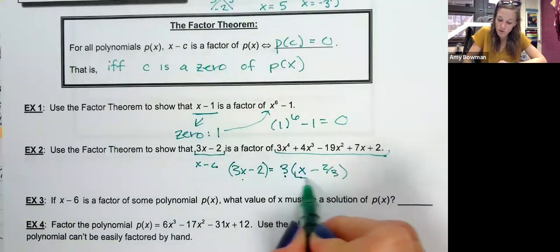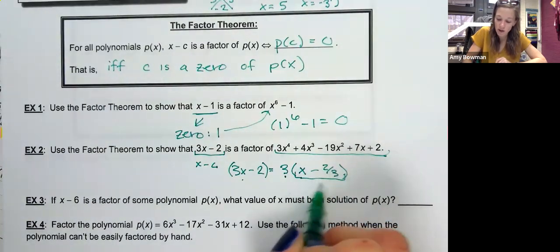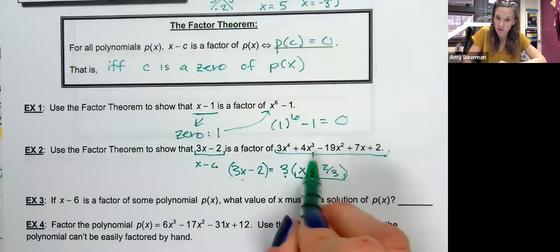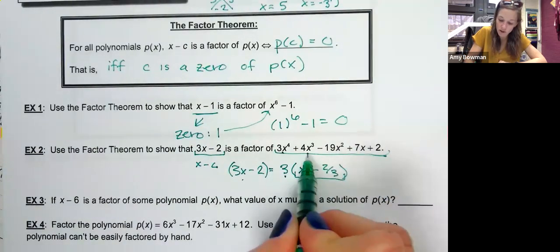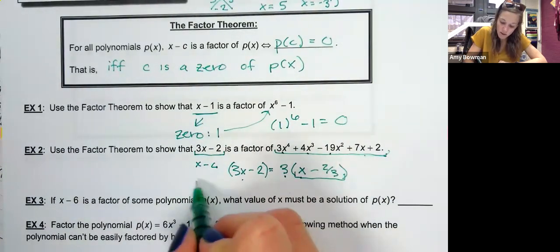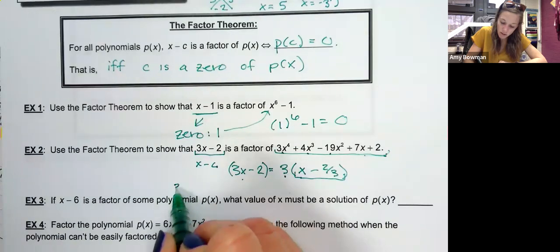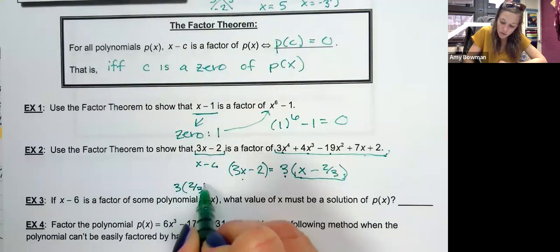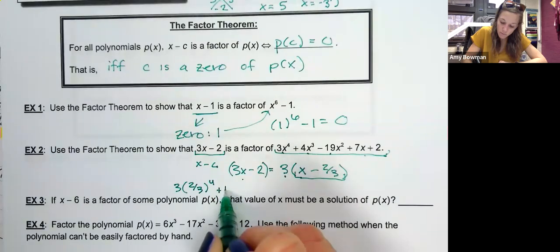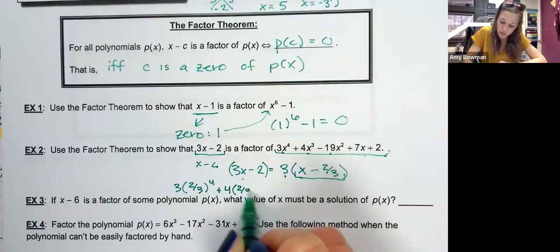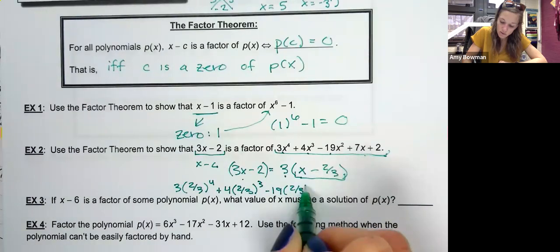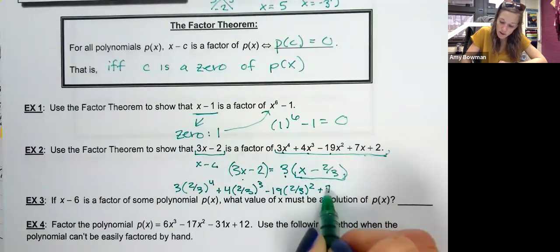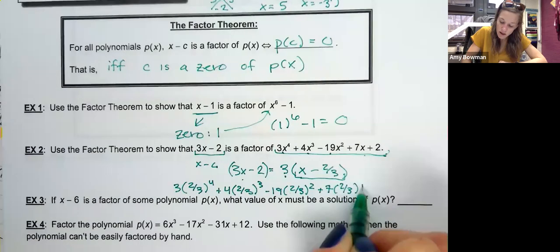So we would use the 0 that we got from this, which is 2/3, to plug in here using the factor theorem. Using the factor theorem would mean to evaluate this whole function at 2/3. So we would type into our calculator 3 times 2/3 to the 4th plus 4 times 2/3 cubed minus 19 times 2/3 squared plus 7 times 2/3 plus 2.